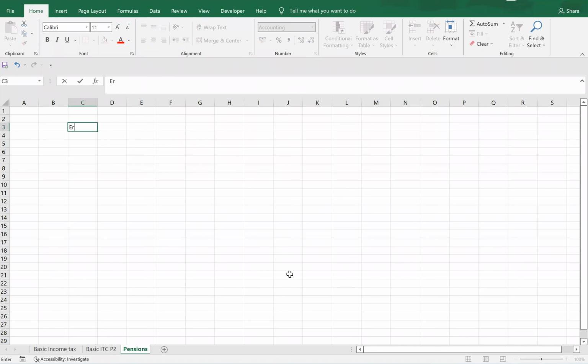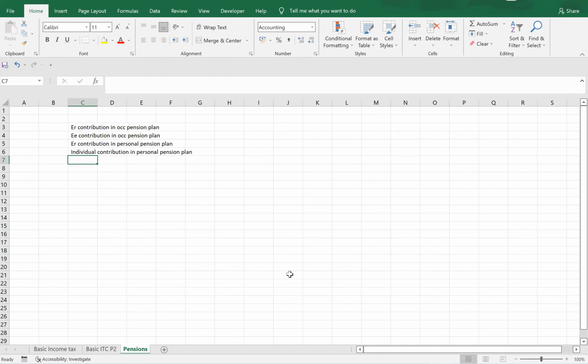Number 1, employer contribution in occupational pension plan, employee contribution in occupational pension plan, employer contribution in personal pension plan of individual, and individual's own contribution in his own personal pension plan.